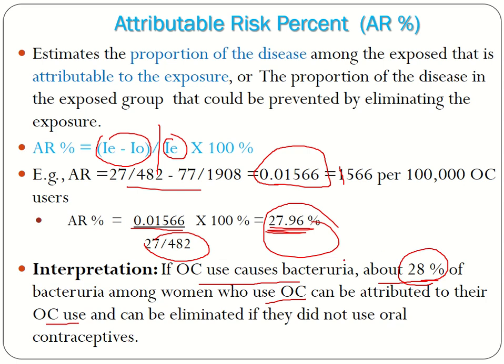This 28% we can attribute to their OC use and it can be eliminated. This excess risk of bacteriuria, the excess disease, can be eliminated if they do not use the oral contraceptive pill, simply.